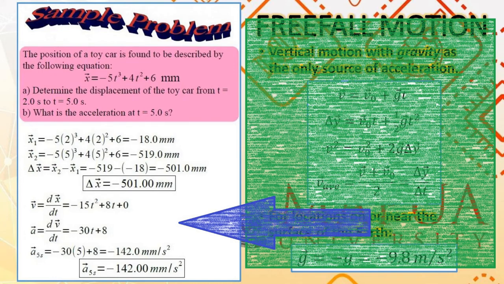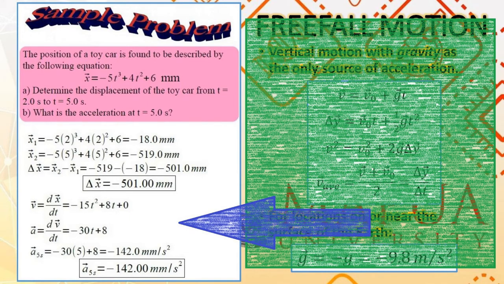Going back to the two basic equations or definitions of our variables, v is equal to dx over dt and a is equal to dv over dt. If we have the equation for x, we can get the equation for velocity by differentiating the equation for x. This gives us negative 15t squared plus 8t.